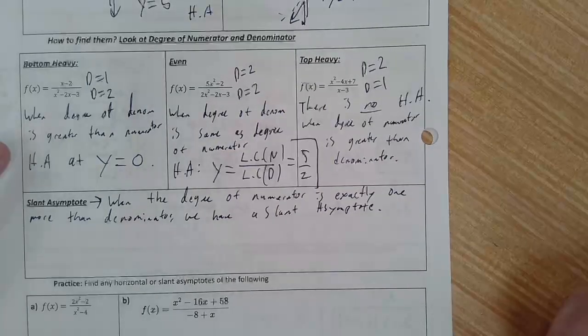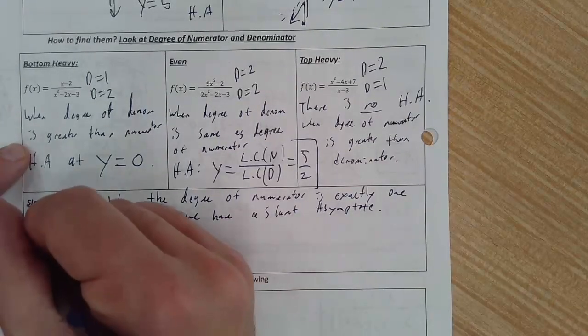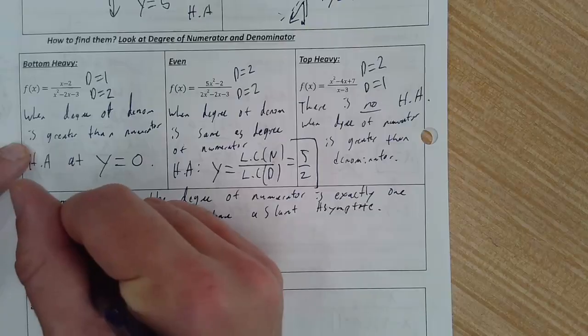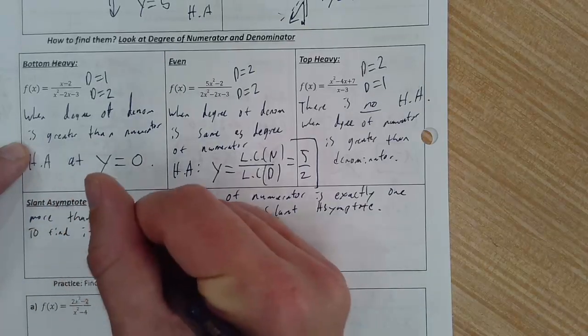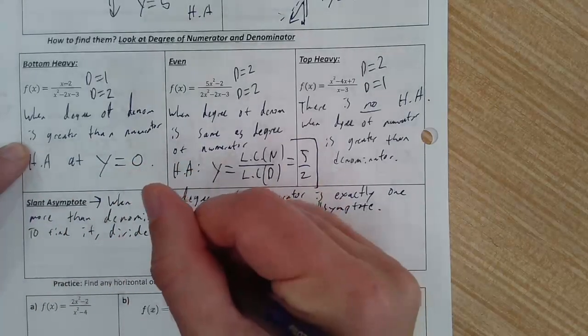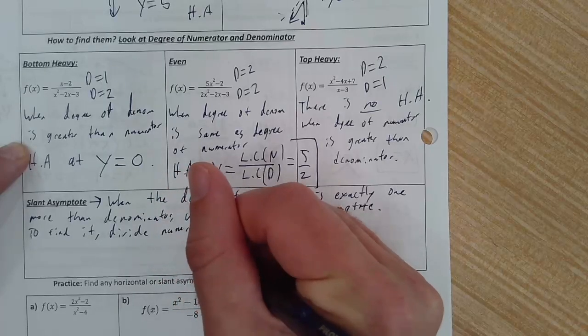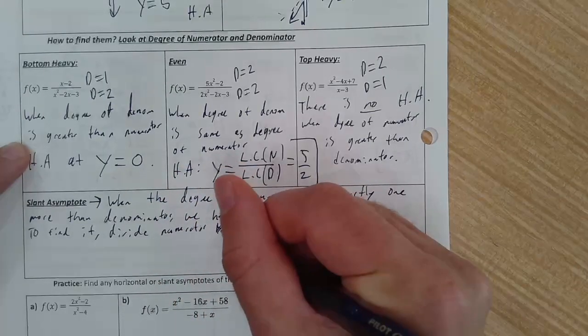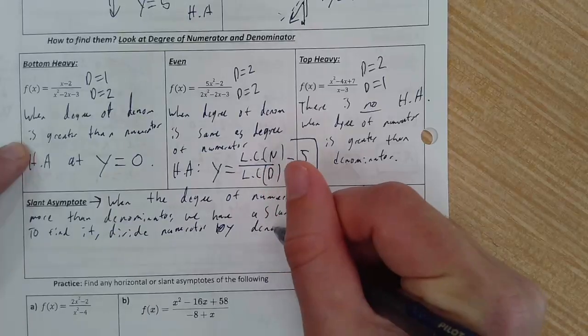Okay? To find it, divide numerator by denominator.